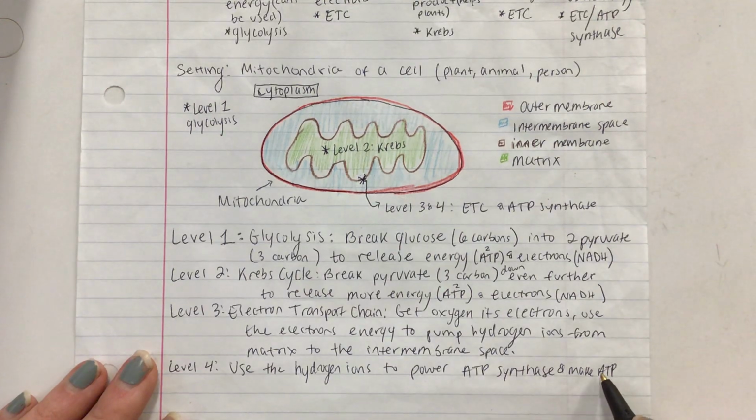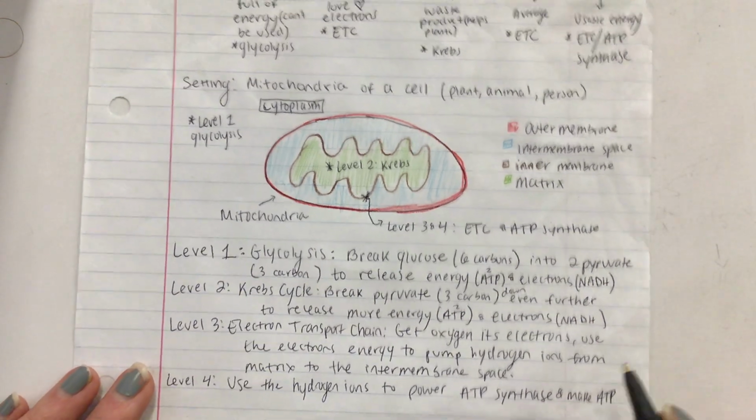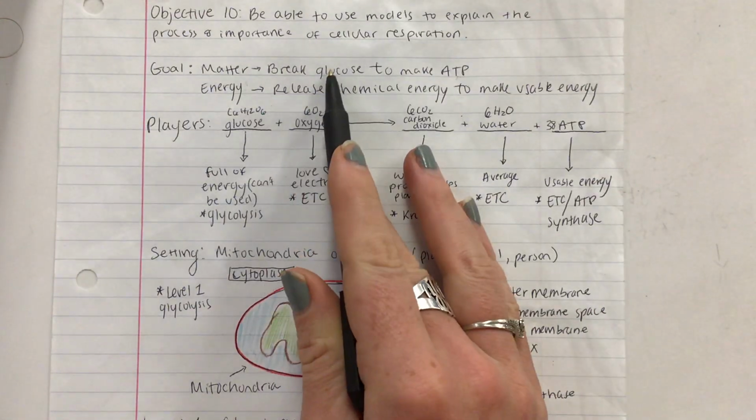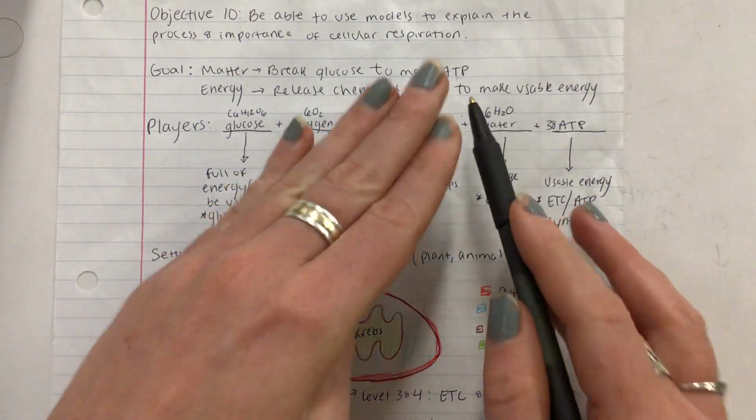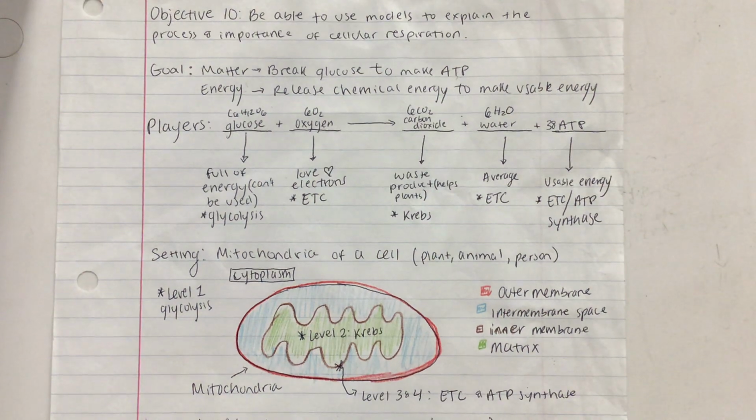At that point, you have officially completed all levels and beat the game. You broke glucose in level 1, moved around some energy and some molecules to eventually finally make ATP in level 4.